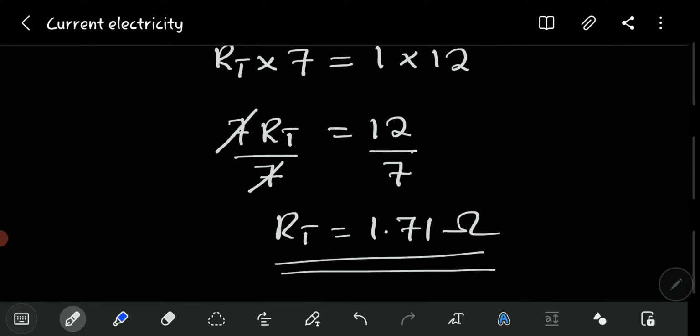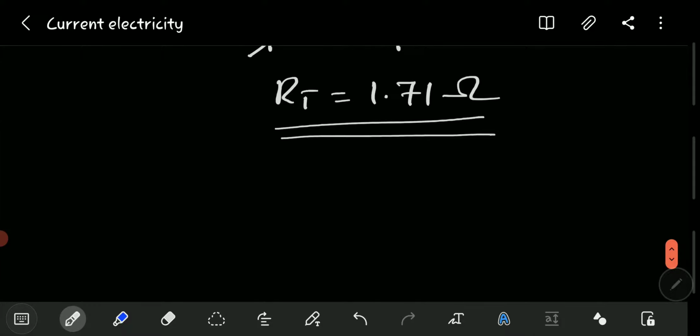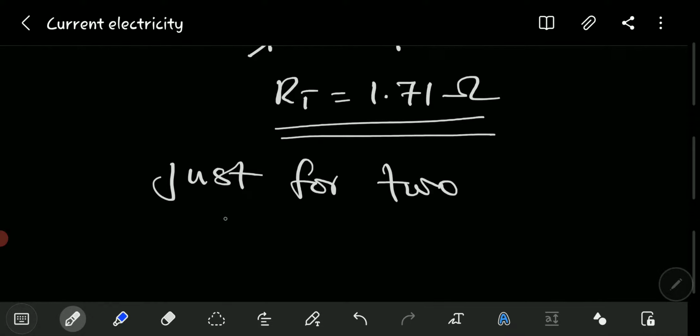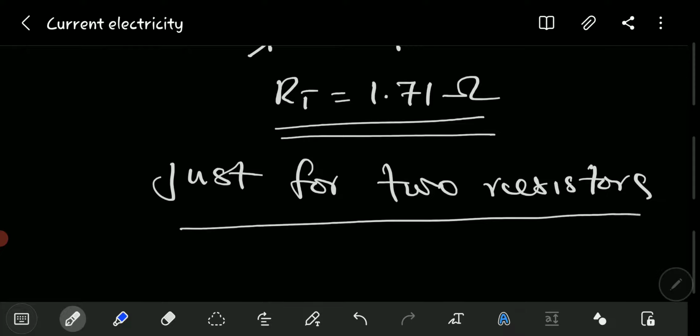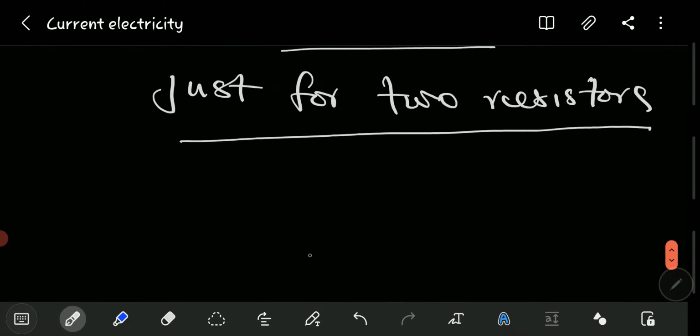However, for two resistors, you can have an alternative formula just for two. Just take note, don't use it if there are 3 resistors in parallel. Just for 2 resistors in parallel, you may use this formula.